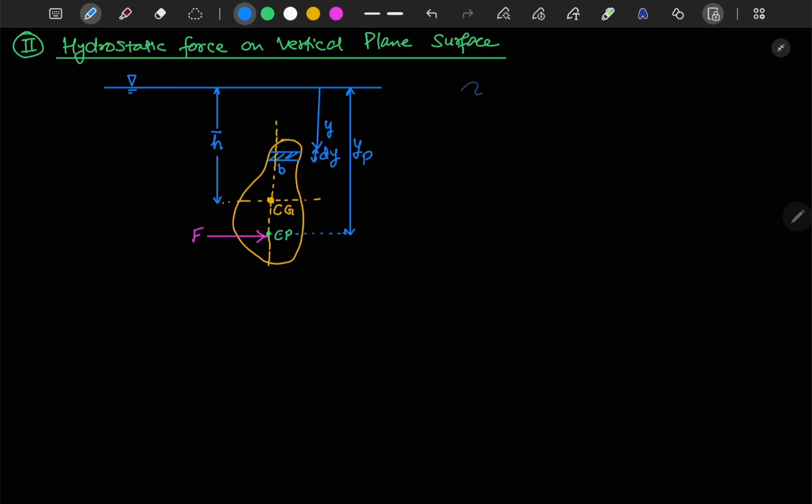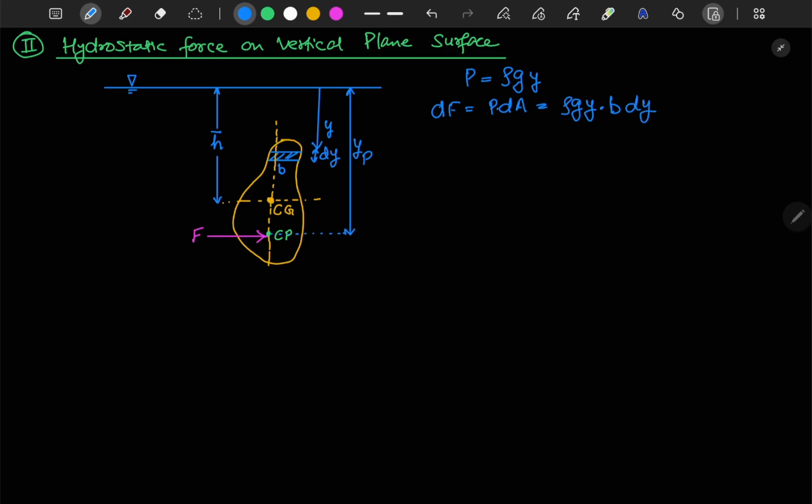if I talk about the pressure at this point, pressure at the element, so pressure is equal to rho g times y. Okay, at this point your pressure will be this, and the small elemental force dF will be equal to p times dA, and p is equal to rho g y, and dA is b dy.